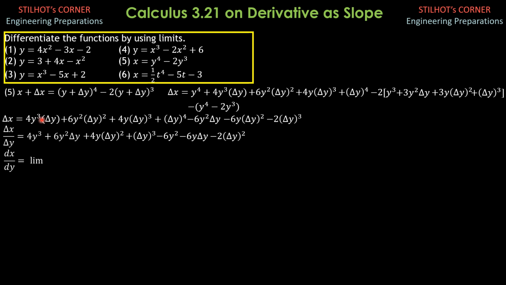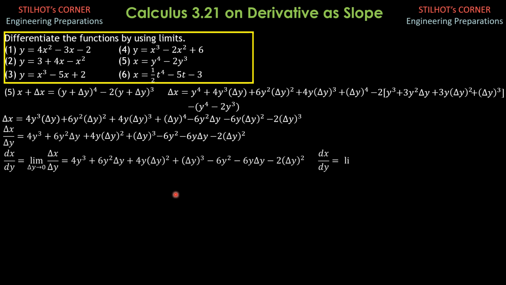So that would be 4y cubed plus limit of these remaining terms. So the final answer is 4y cubed minus 6y squared. So dx dy is 4y cubed minus 6y squared.